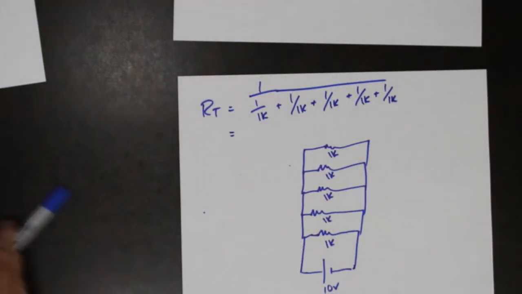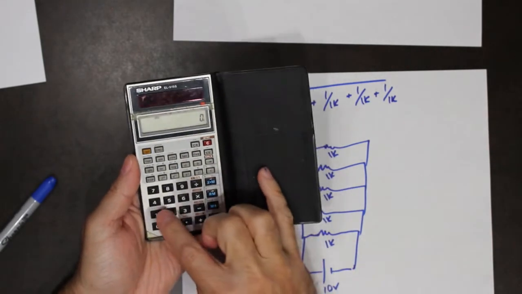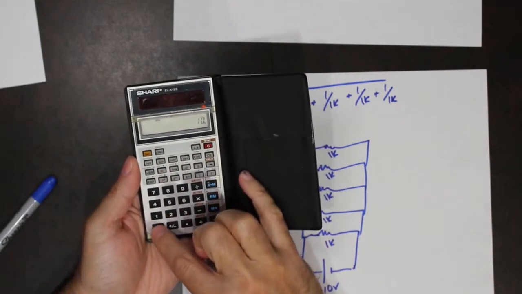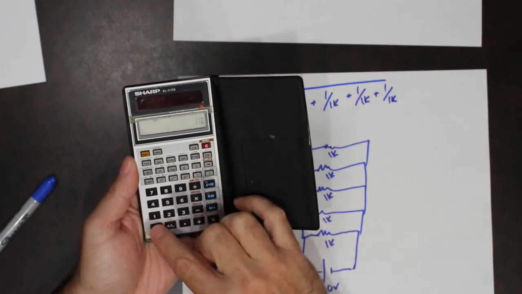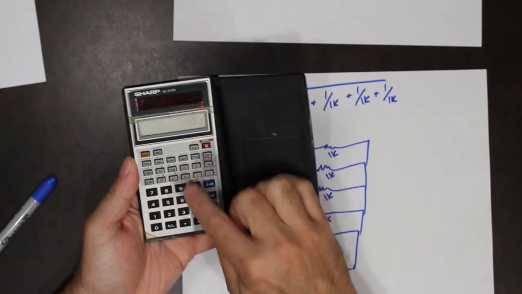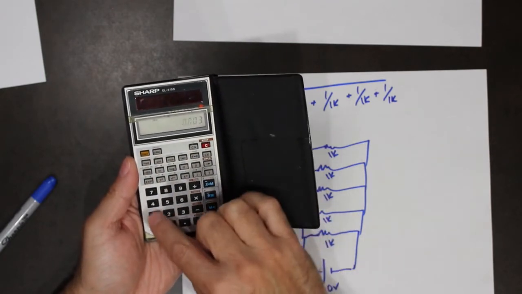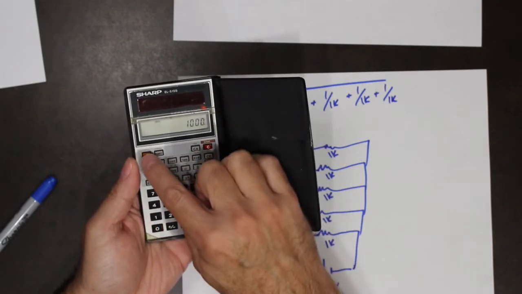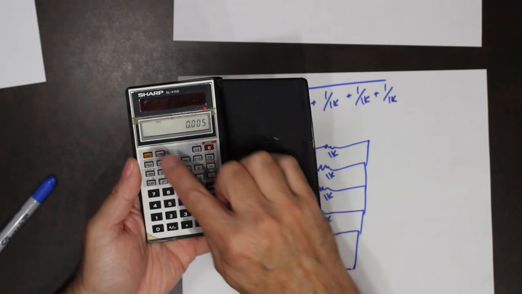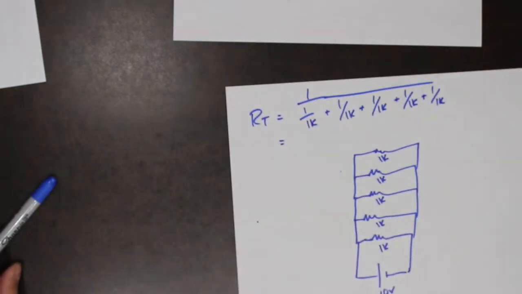If I did it this way, it would be 1 over 1,000 plus 1 over 1,000 plus 1 over 1,000 plus 1 over 1,000 plus 1 over 1,000 equals 1 over 200 ohms.